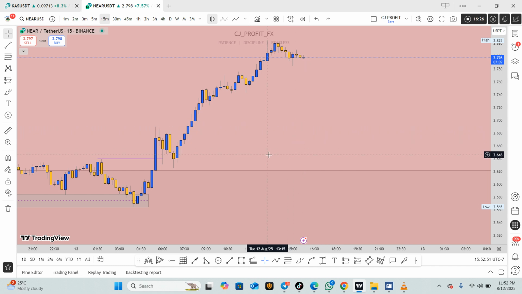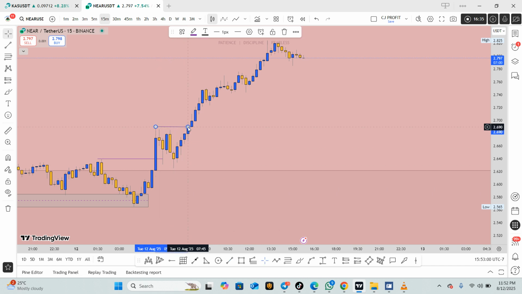Okay, here in 15 minutes time frame, we'll have another break of structure. And we have a good order block here.